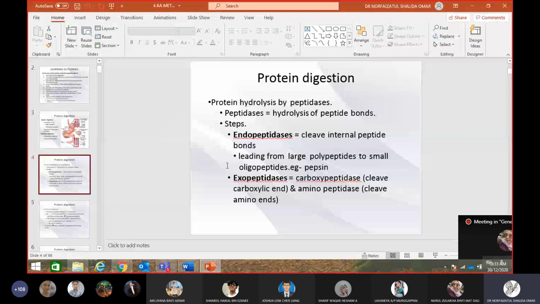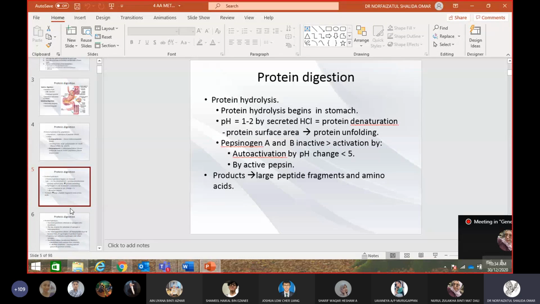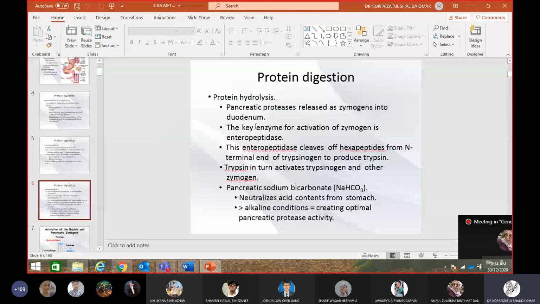Then the protein hydrolysis. If you remember the structure, enteropeptidase will cleave off the N-terminal end of trypsinogen and produce trypsin. And then trypsin in turn activates trypsinogen.